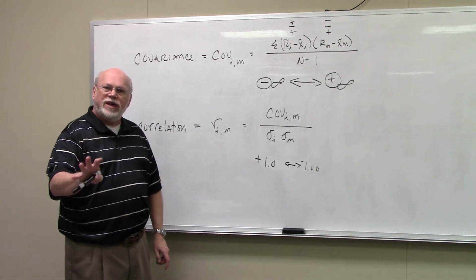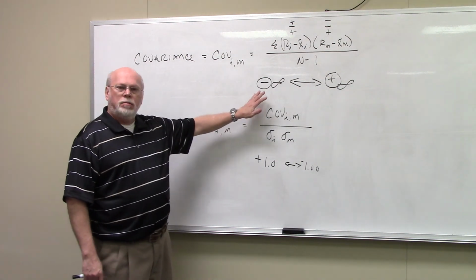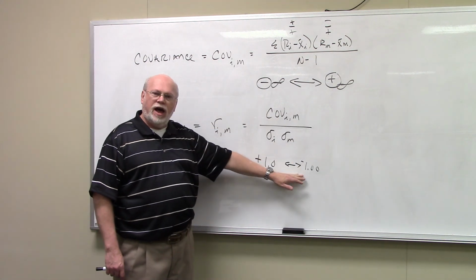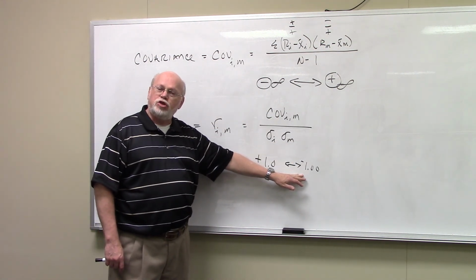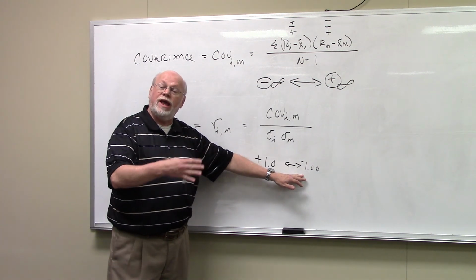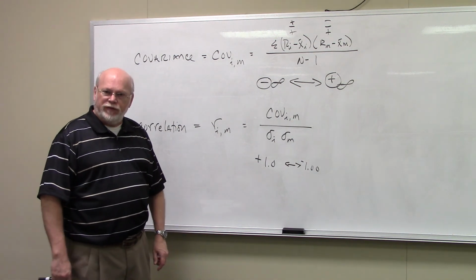In a diversification sense, you'd like to find assets that have large negative covariance and very high negative correlation. That's what you'd like. Those two assets combined will give you more return and less risk. And that's what you're looking for in diversification.